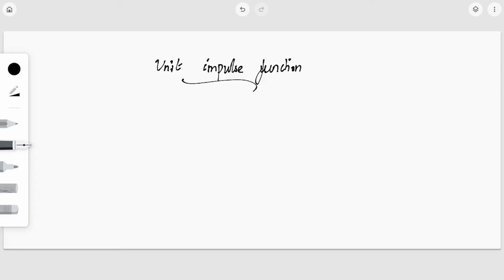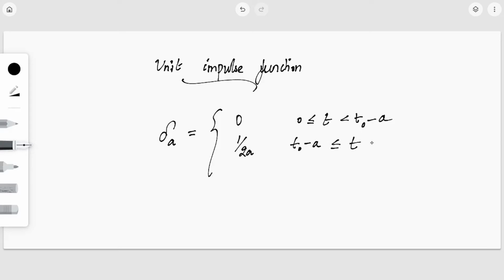The basic model of that force is given by this unit impulse function, which is denoted by delta a, which is equal to 0 when 0 is less than or equal to t less than t dot minus a. It is 1 by 2a when t lies between t dot minus a and t dot plus a, and it is again 0 when t is greater than or equal to t dot plus a.